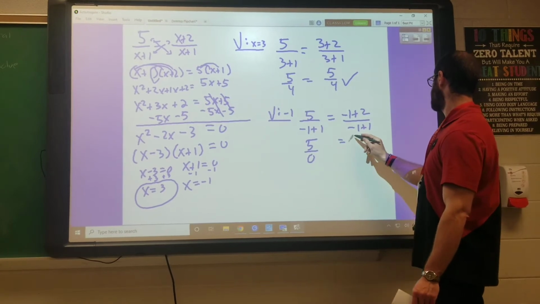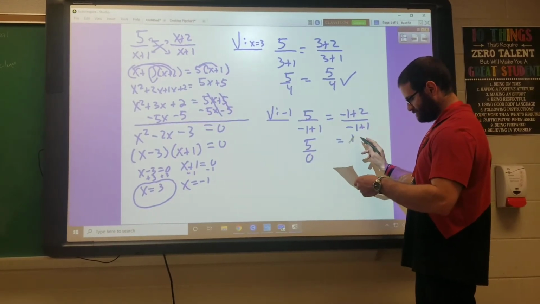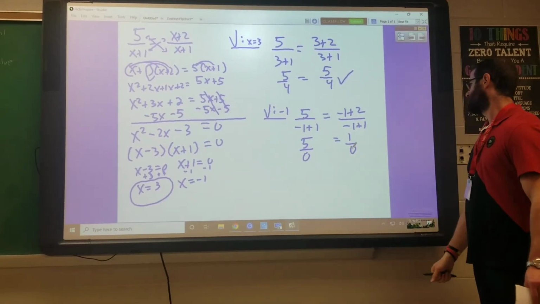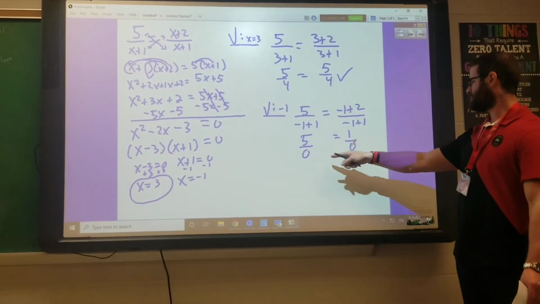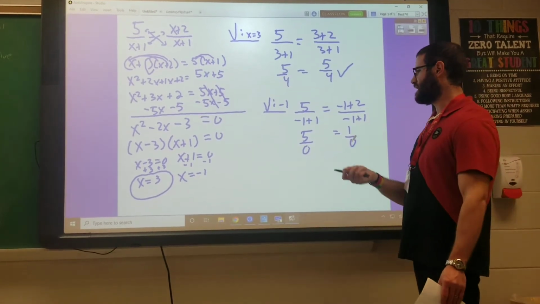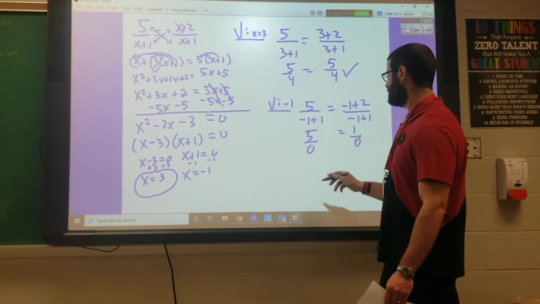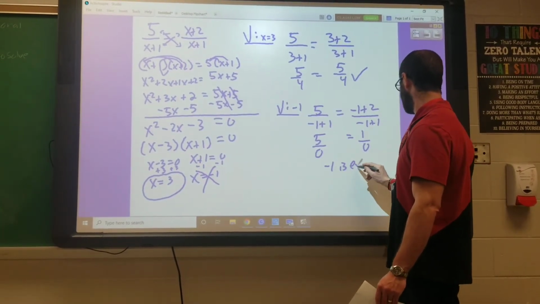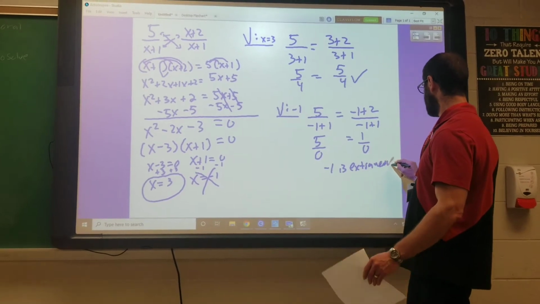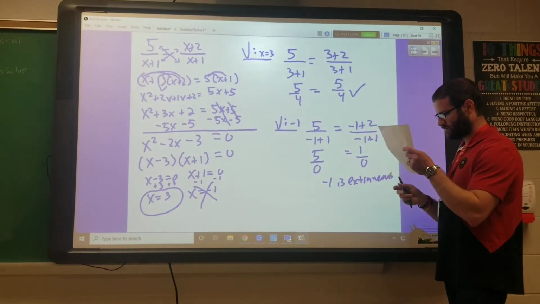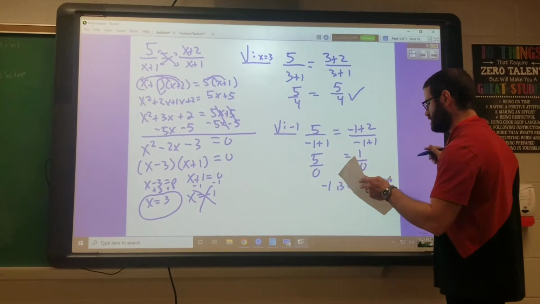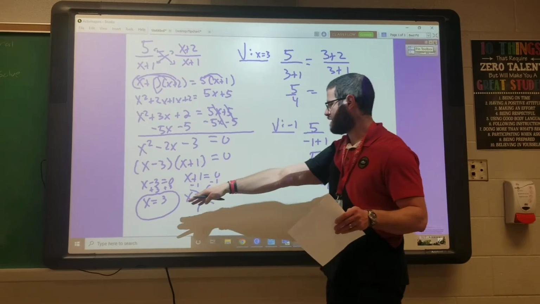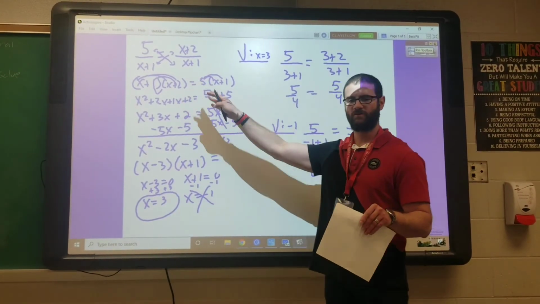The top's going to be 1, but on the bottom I'm going to have 0, which, remember, we can never divide by 0. Those are undefined. So -1 is extraneous. So 3 would be the only valid answer that works in the original problem.